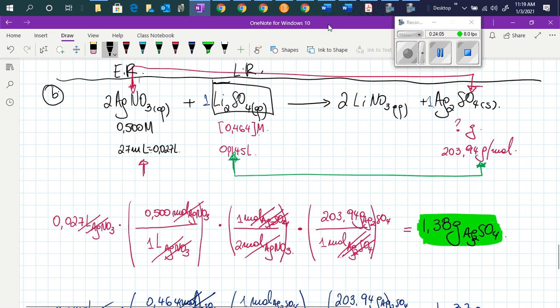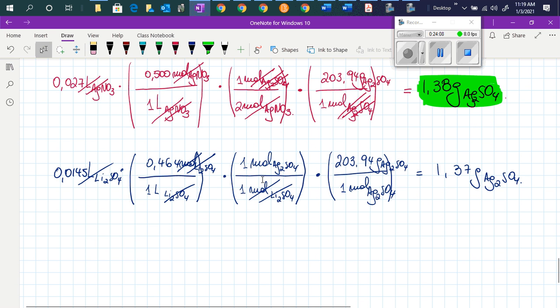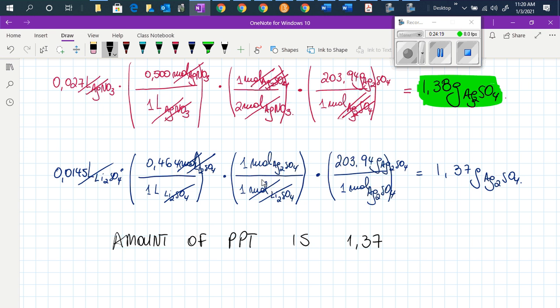And as a result of this, the amount of precipitate produced in those conditions is 1.37 grams of silver sulfate. Okay, we will deal with those types of questions even more in class. This finally concludes lesson 2, and we will stay on this lesson for a long time.